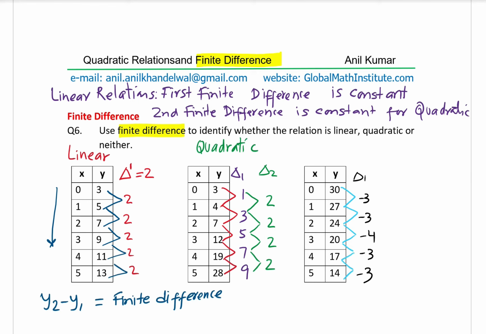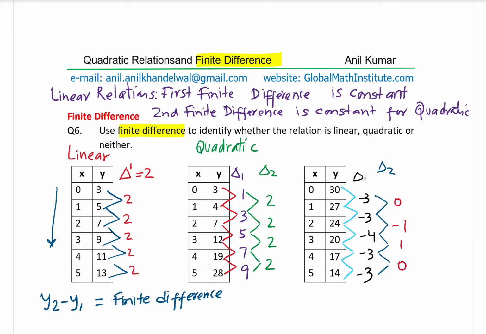Let's figure out if the next one can work for us. So let's find the second finite difference, which is the difference between these two. Minus 3 is 0, and that gives you what? Minus 4, that gives you minus 1. And here, minus 3 take away this is 1, and that is 0.